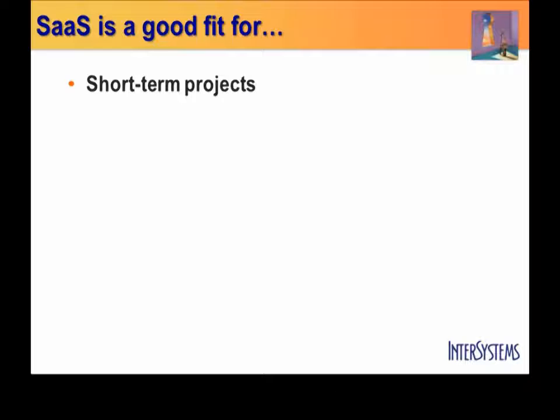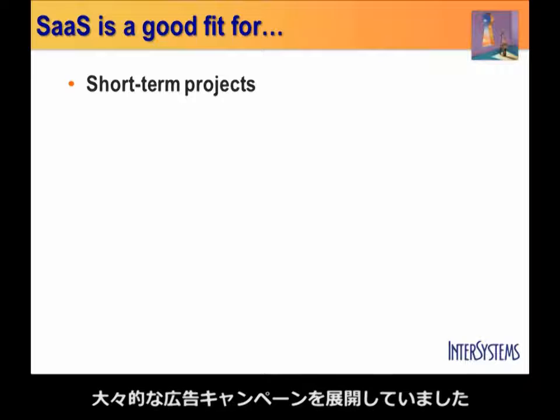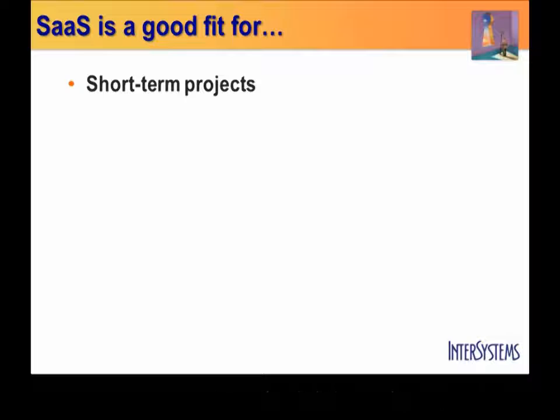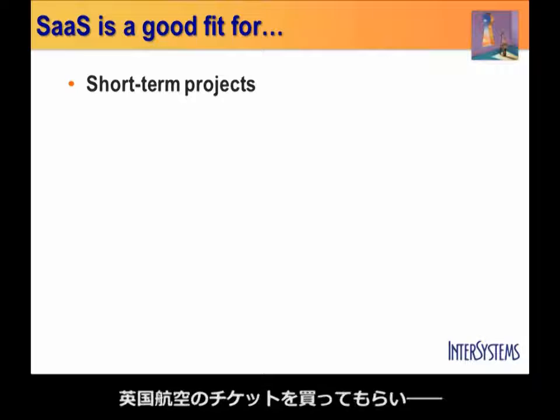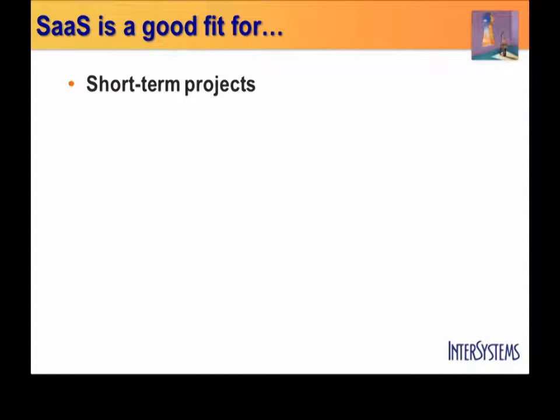Just before the Olympics, British Airways wanted to launch a very big advertising campaign in the UK, and they wanted to encourage residents of the UK to purchase tickets with British Airways to go to the various parts of the UK where the Olympics were going to be held. So they wanted to do this big campaign, okay?